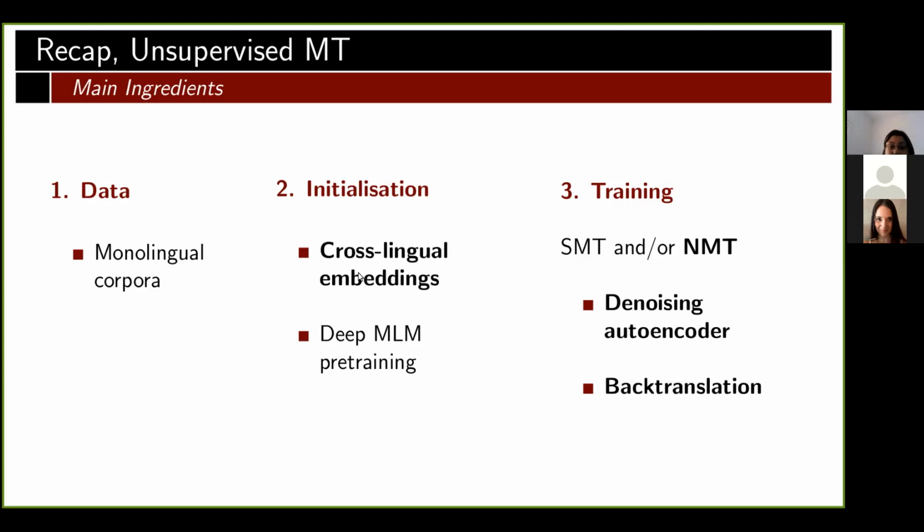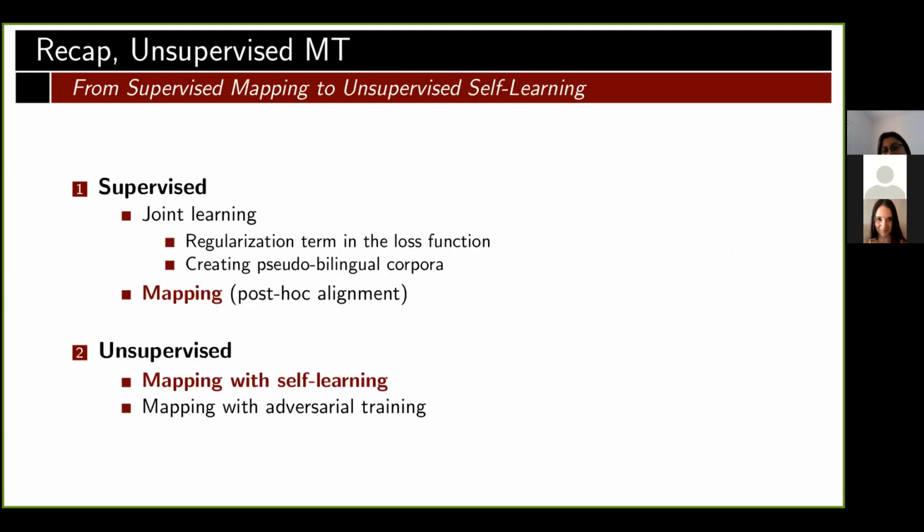What we saw was especially the case of cross-lingual embeddings, and we saw a lot of examples on how to get high quality, or at least the best quality that you can get in the low resource setting, for cross-lingual embeddings. We saw that there are 2 main ways to get them: via supervised training or unsupervised training. With supervision, you can apply joint learning or mapping.